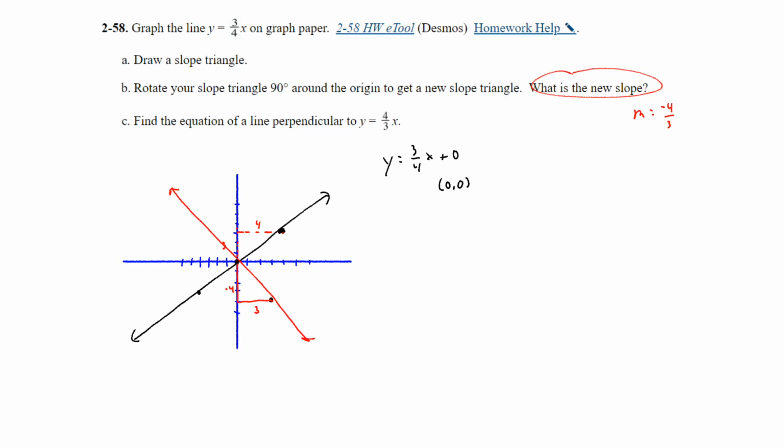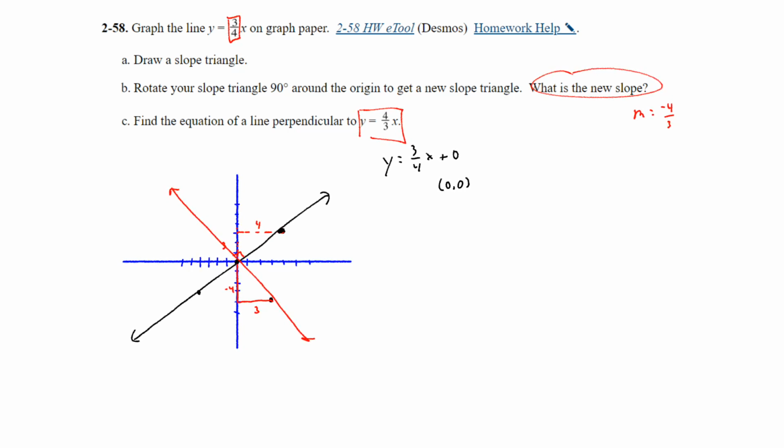Find the equation of the line perpendicular to y equals 4/3 x. So now this is different than the original one, y is equal to 4/3 x. So if it's perpendicular, remember what happens is when we form this right angle is that it's opposite reciprocal. So 3/4 was the original slope.